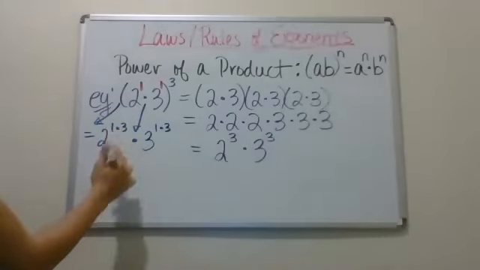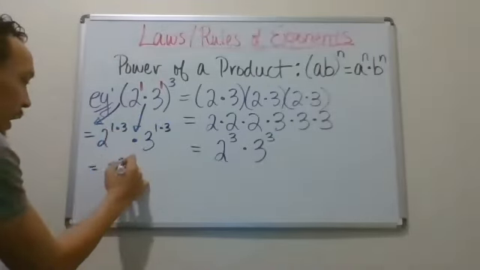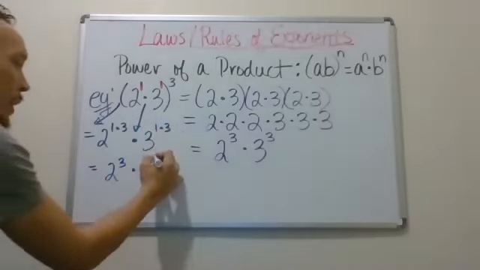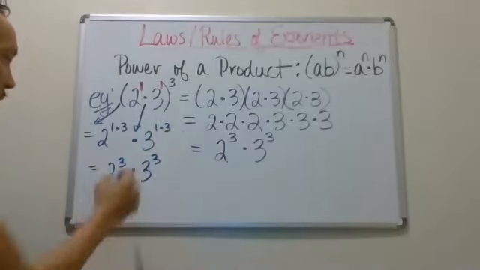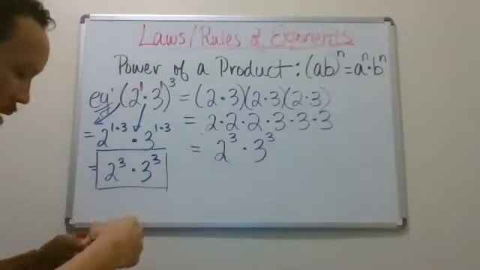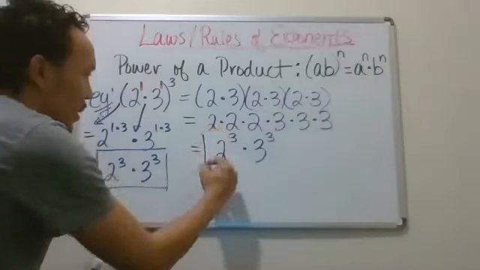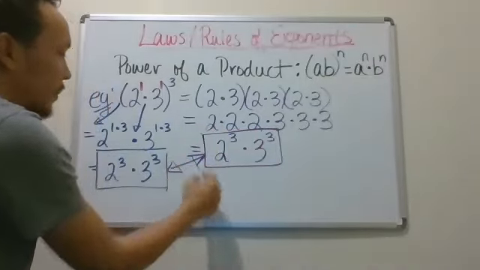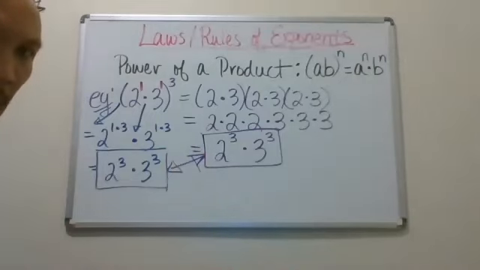And 1 times 3 gives me 3. So as we can see, this and this are exactly the same. Any questions?